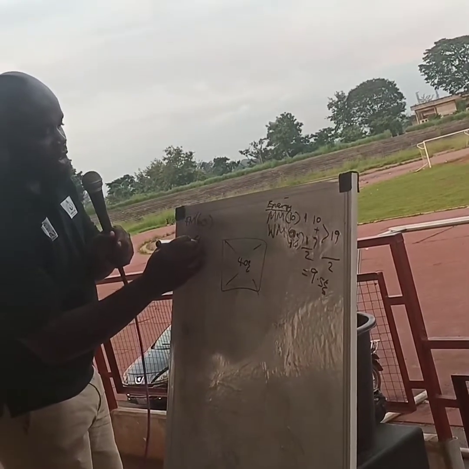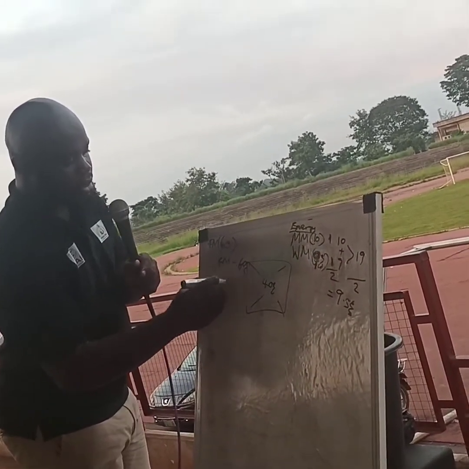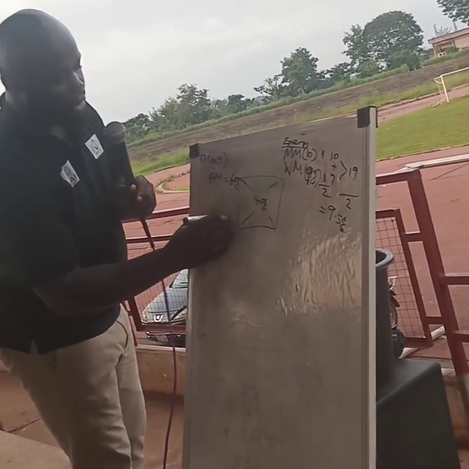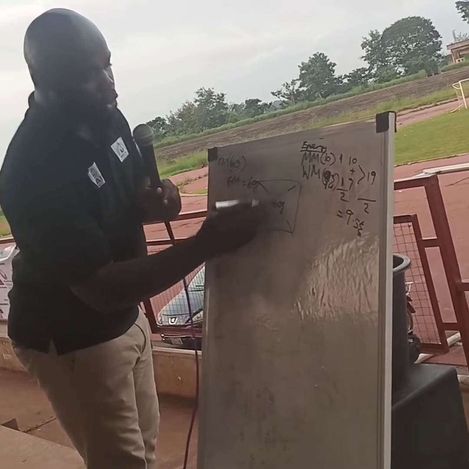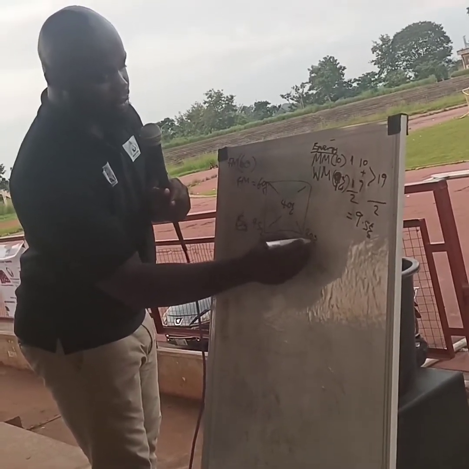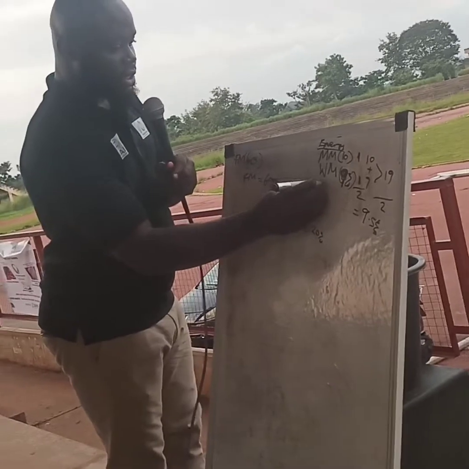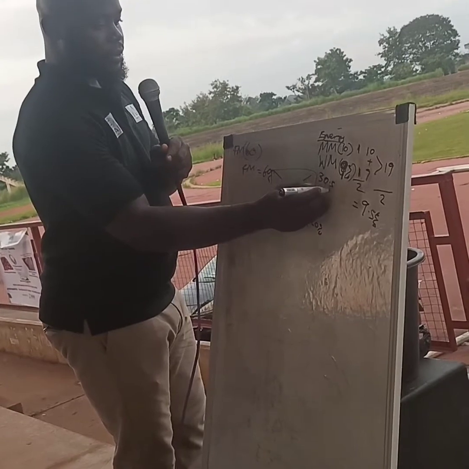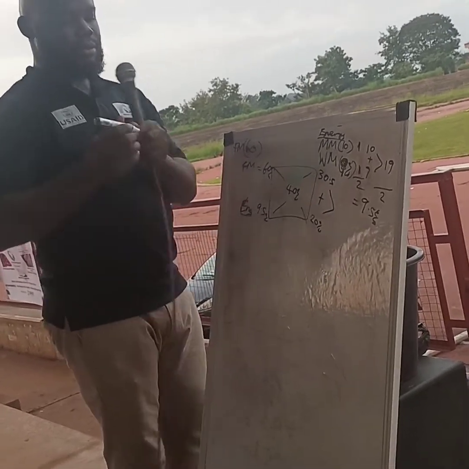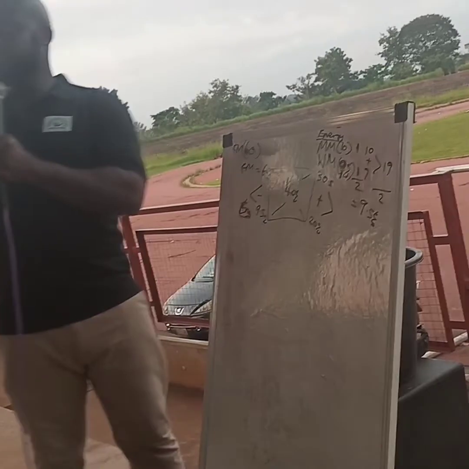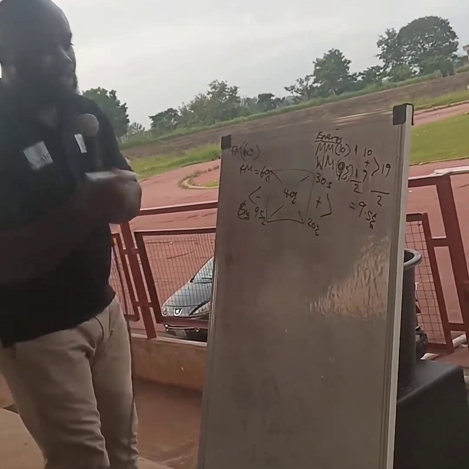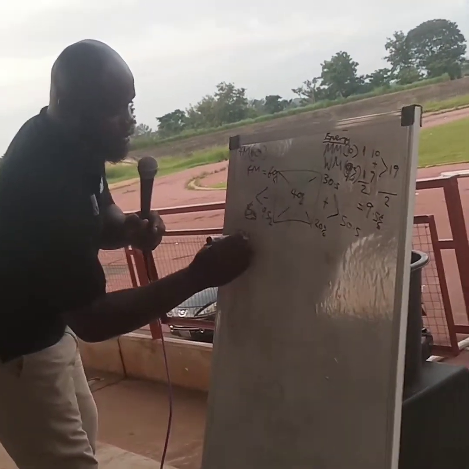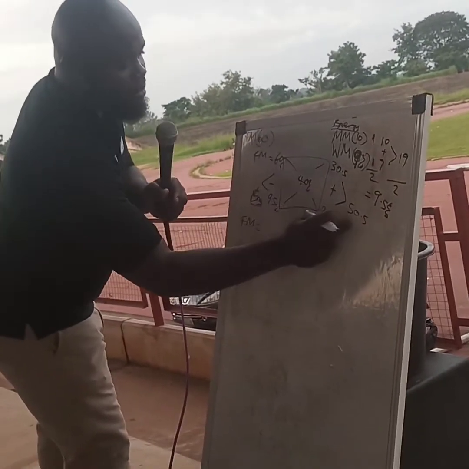Then fish meal is 60%, and energy is 9.5%. 60 minus 40 is 20. 40 minus 9.5 is 30.5. Add them up and verify: 50.5. So for fish meal, it will be 30.5 divided by 50.5.